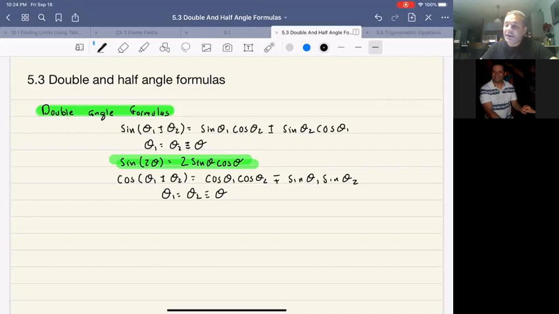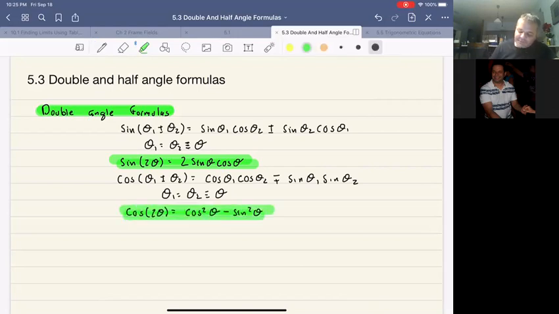Then when you add them together, you're going to get cosine of 2 theta equals cosine squared of theta minus sine squared of theta. Okay, so these are the cosine and sine double angle formulas.